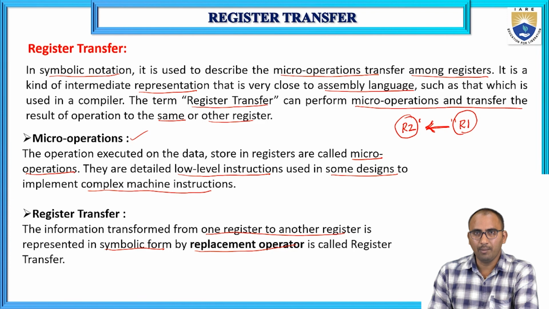That same operation we represent using a symbol called the replacement operator, which is this arrow. This replacement operator specifies transfer of data from one register to another register. In this scenario, transfer of data from the R1 register to the R2 register.